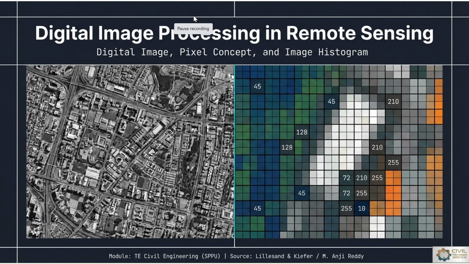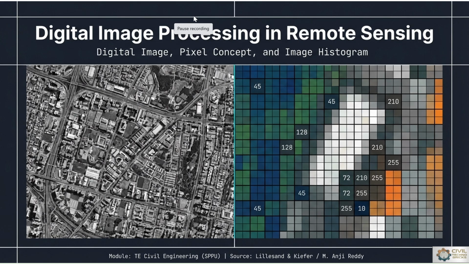In civil engineering, we rarely use raw aerial or satellite photos without processing them. So firstly, we need to understand the underlying digital structure, where what is physically seen on the ground is converted into a matrix of numbers that our GIS software can read.